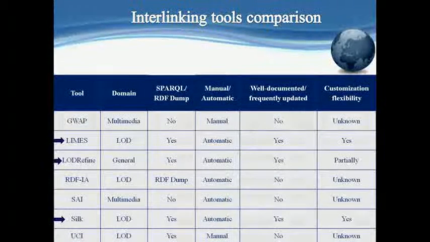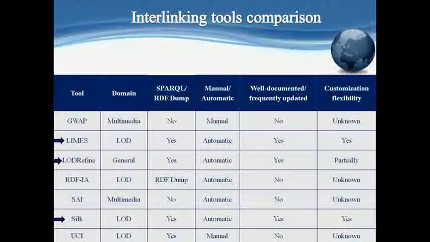In a study, we considered several interlinking tools according to some criteria, like the domain that they use, the type of data that they get for interlinking, and whether they do the interlinking manually or automatically. What about their documentation? Are they, let's say, well documented or not? How and to what extent are the interlinking tools customized, and are they flexible in the customization or not?